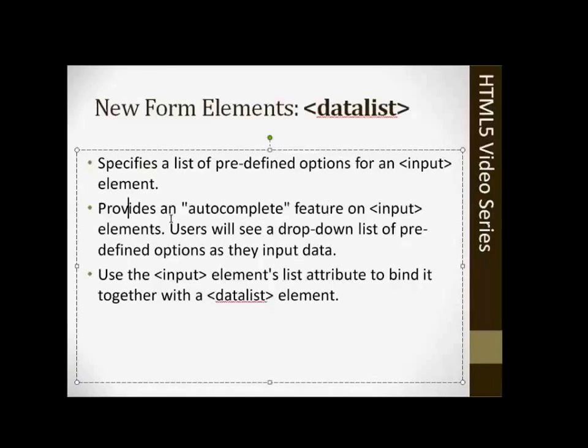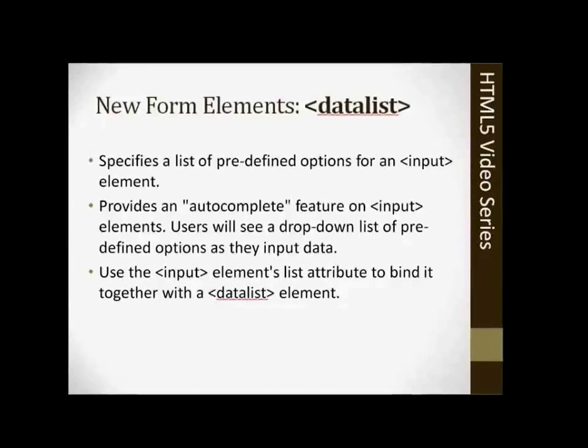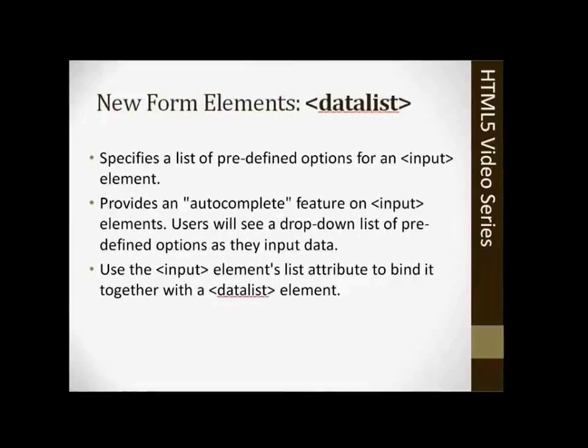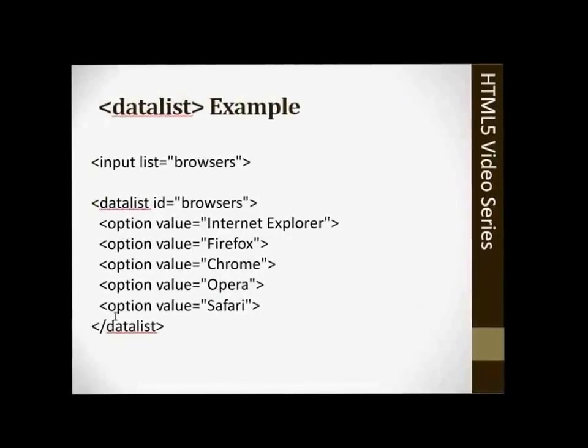Say it was a location input and you typed B. If we had Boston in the list of options, then Boston would pop up and they could select it without having to type the rest. Pretty cool. You use the input element's list attribute to bind it together with the datalist. It's a little hard to explain, but I'm going to show you in the programming part of this section how this works. Actually, I can show you right here.